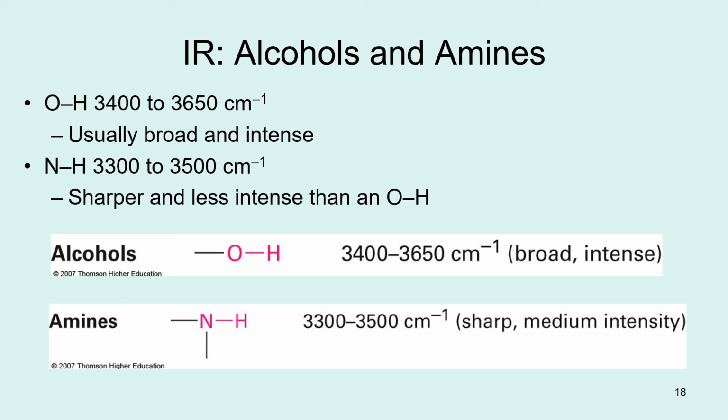The NH bond will also be in that region, but it tends to be sharper and less intense. So it looks more like this, whereas this one looks more like a tongue. I've got some handouts for the lab part where you're going to look for the differences. And sometimes if it's an NH2, you might see kind of a double fang, a peaky thing like that. Well, let's look at the examples.